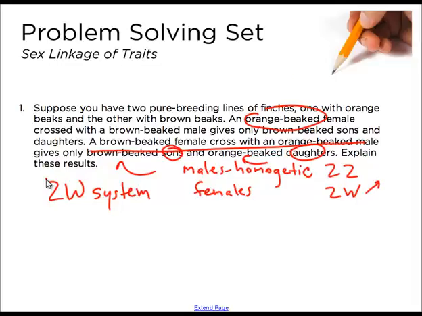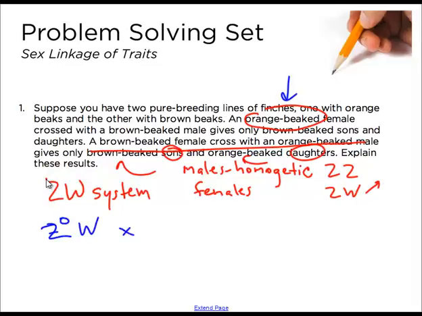So an orange-beaked female, what would that mean? The female in this case would be Z, let's just make it up, Z with an O, and then she's W too, right?